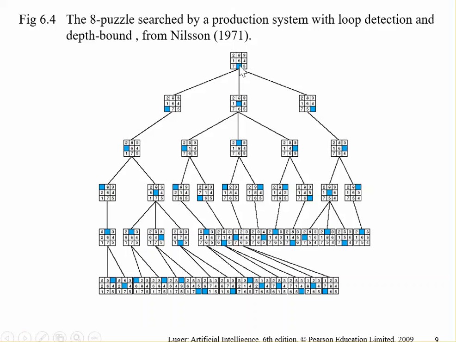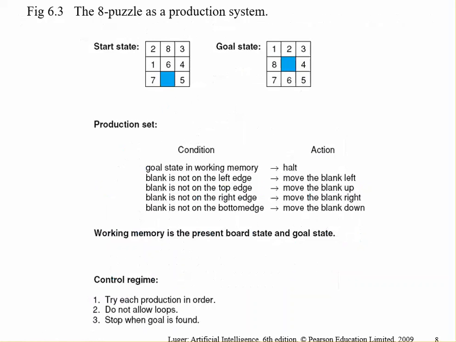For example, here we can say, well, from here we go over here, this is the first one, and then we continue. Now here again, if this is the current state, which rules are the ones that match? You see that it's at the bottom and it's on the left, so it's not the goal, the blank is on the left, is not on top.